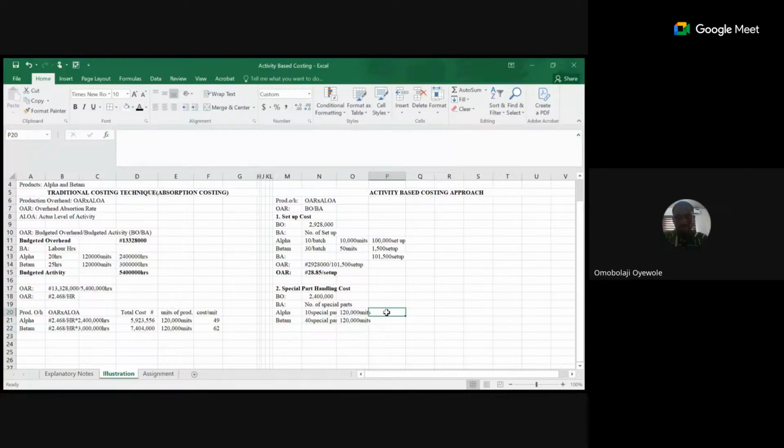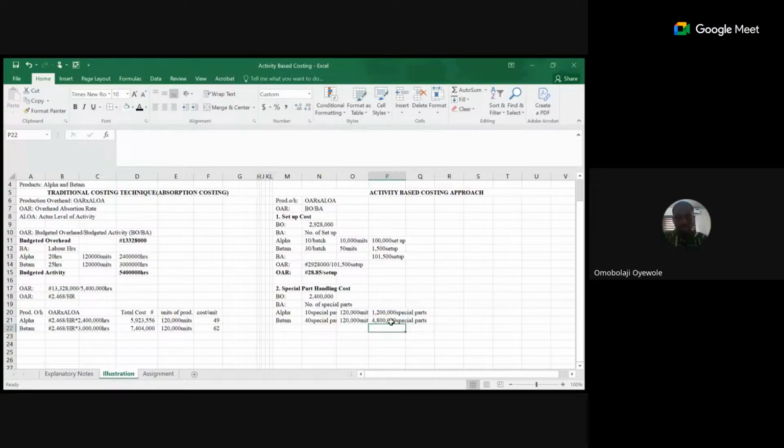If we multiply them together, what will that give us? 10 times 120,000 is 1,200,000 special parts. Now the next one, 40 times 120,000 is 4,800,000 special parts.